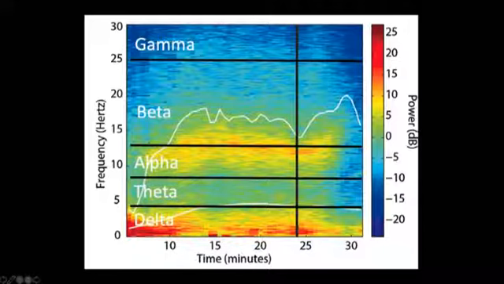And we can map out the different frequency bands, delta, theta, alpha, beta, and gamma, as we're looking across our spectral display over the last, in this case, half an hour.